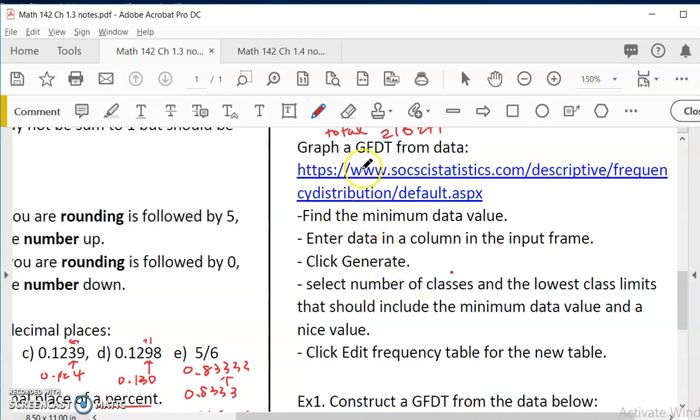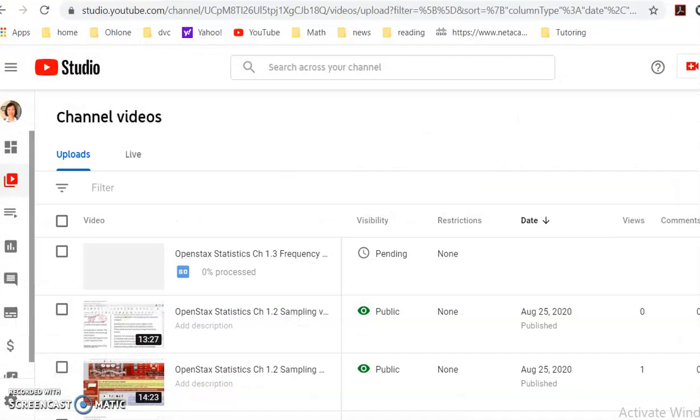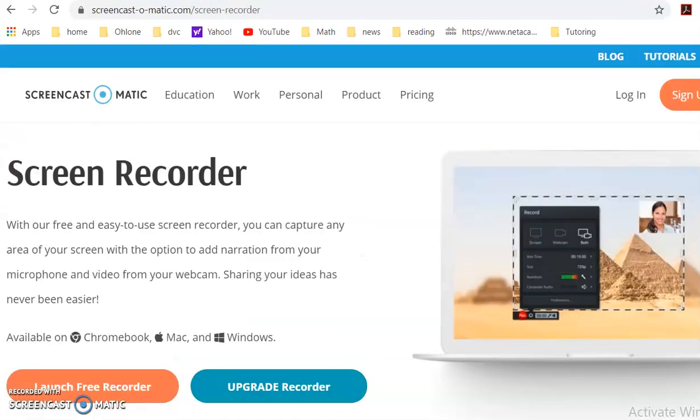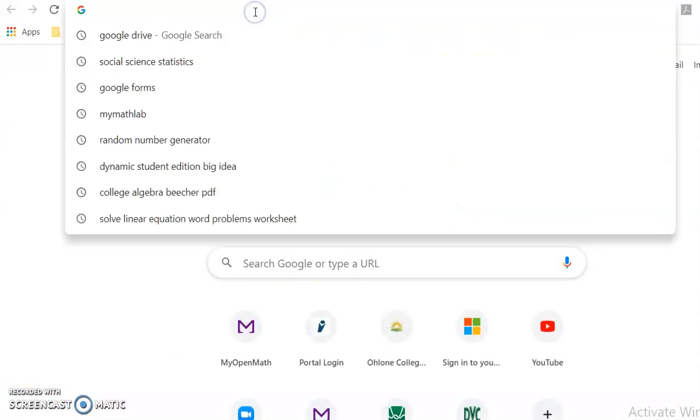The very straightforward way is to use a calculator called the social science statistics calculator. This is not the calculator that we use most often. We would be using something more often, which can do the same thing, but I'm going to wait until later.